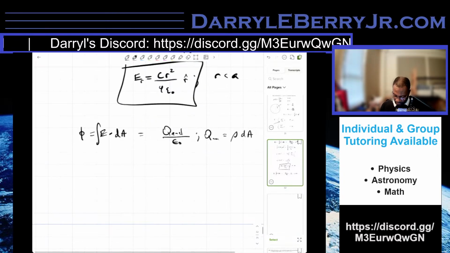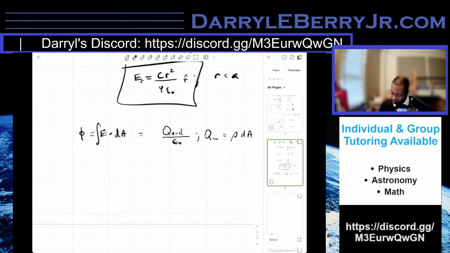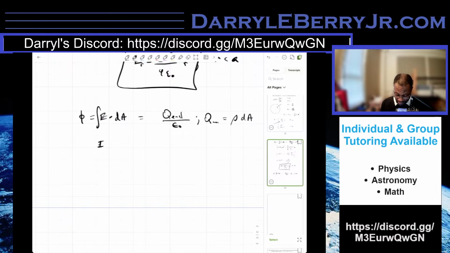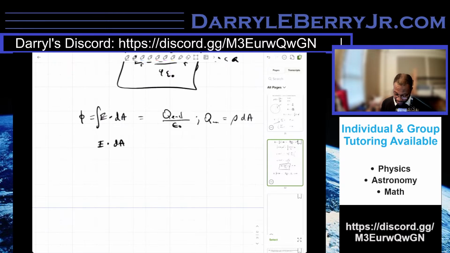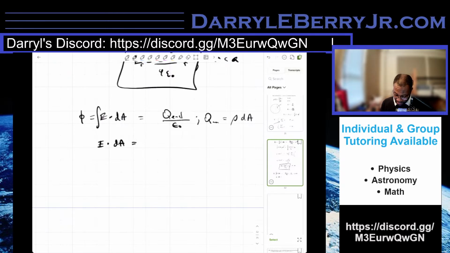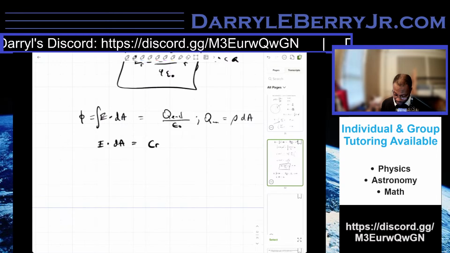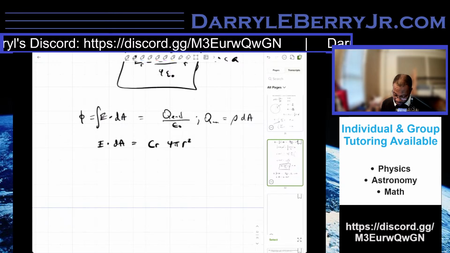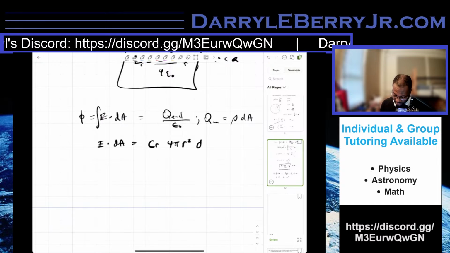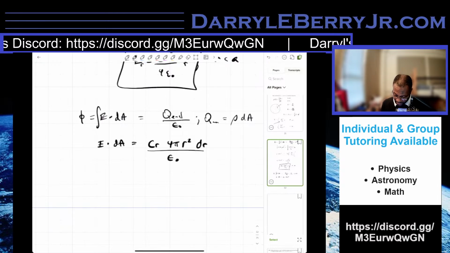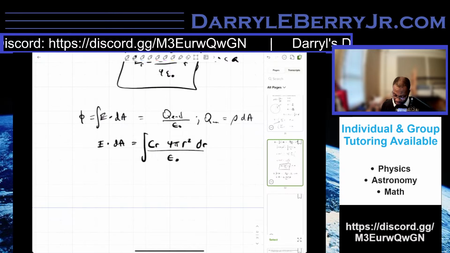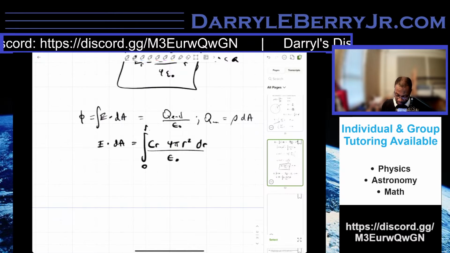We have to add all of those up to get the volume. So it would be E dot dA equals CR, 4 pi r squared, CR over epsilon naught. And this time we're integrating from 0 to R1.